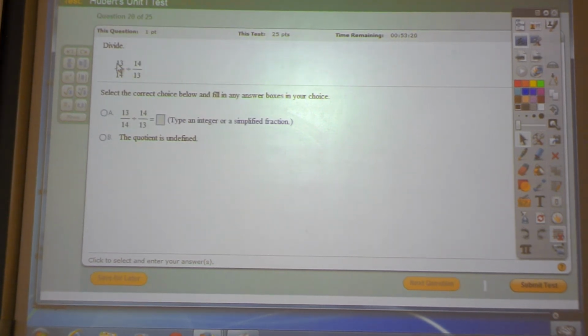13/14 divided by 13/14. So flip it and be 13 multiplied by 13/14. That'd be 169 over 196. Somebody help me out.